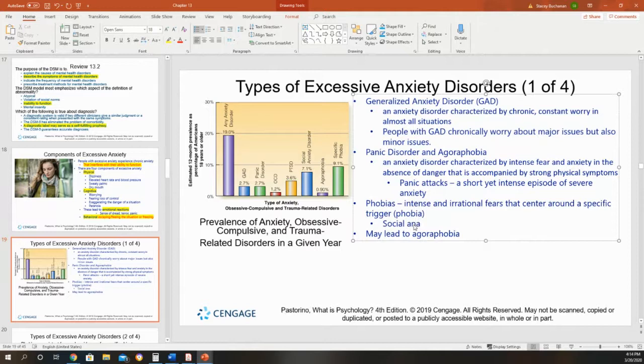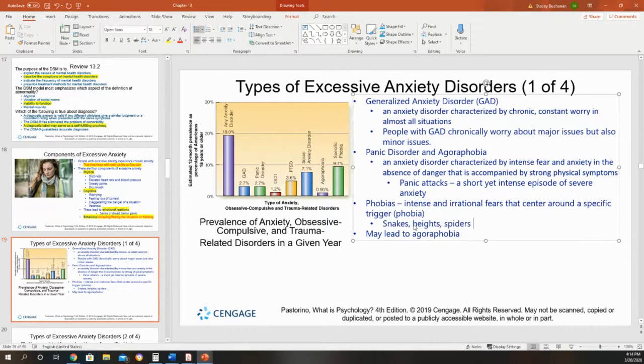Social anxiety disorders. Snakes, heights, spiders, so on and so forth. So they see the snake, that's their trigger, and it causes them to have a fear and get anxious and have symptoms similar to the anxiety disorder and the panic disorder.